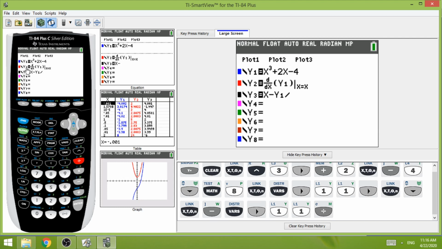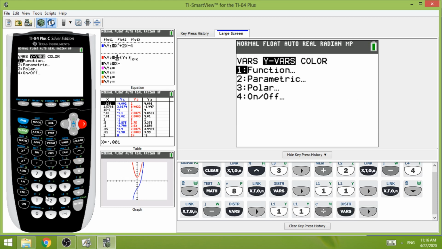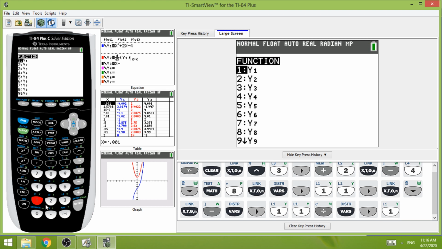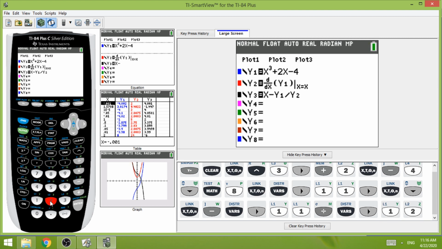The derivative that we put in here is y2. So vars, y vars, function, and then this time select 2. So that's y2. So this right here, y3, gives you the Newton's method formula. So it's x minus the ratio of y1 over y2.